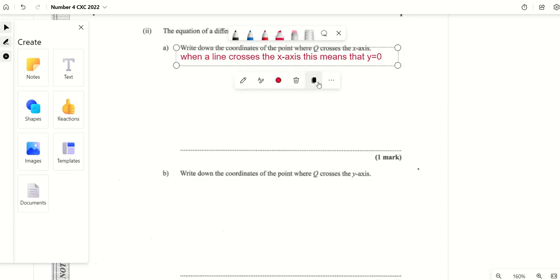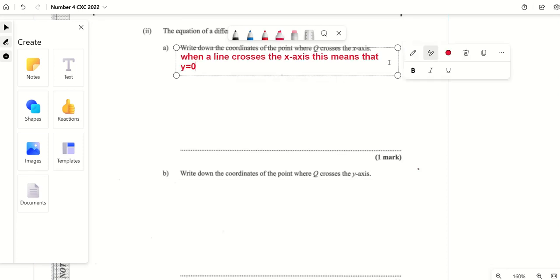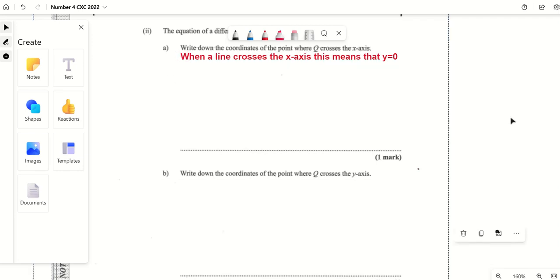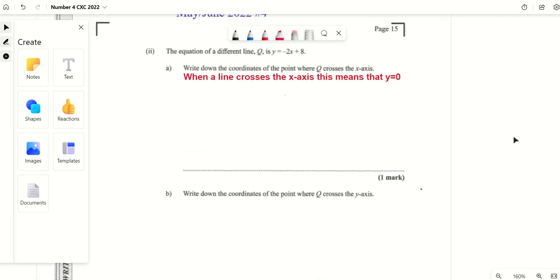So when a line crosses the x-axis, this means that y is 0.